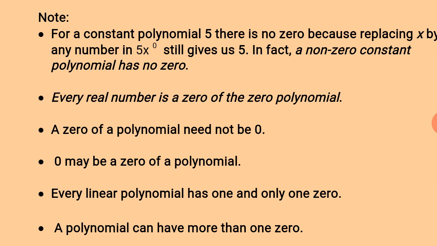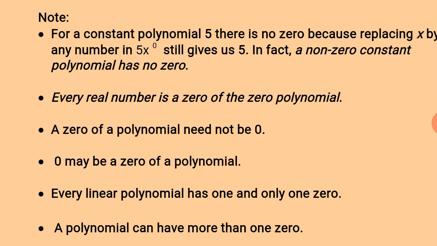First, for a constant polynomial 5. So 5 is a constant polynomial. There is no 0. So constant polynomials don't have any 0. Why? The reason is any constant polynomial, for example here it is 5, can be written as 5x raised to power 0.